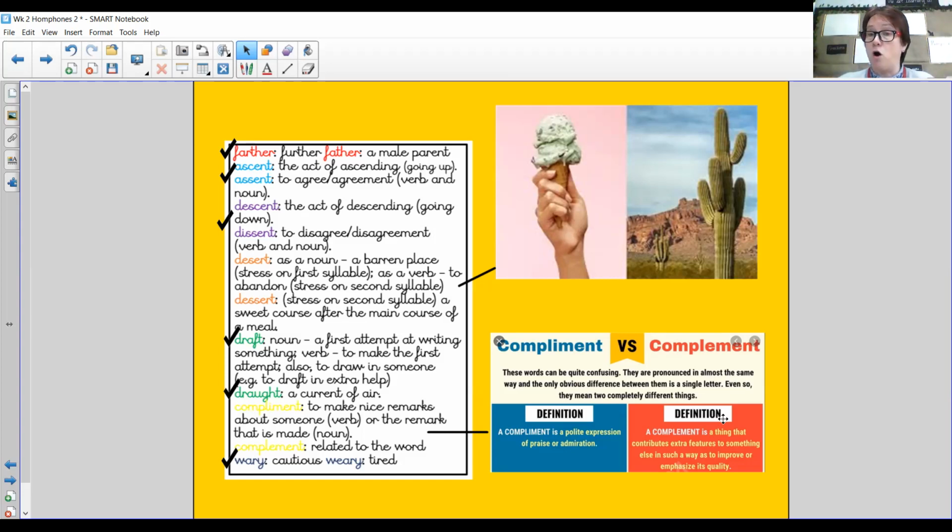We might have heard the word complement when we're thinking about colours in art, colours that complement each other. So a little bit tricky this week with some of those meanings, but you can always look up in an online dictionary. If you've got a paper dictionary at home, you can have a little look at that.